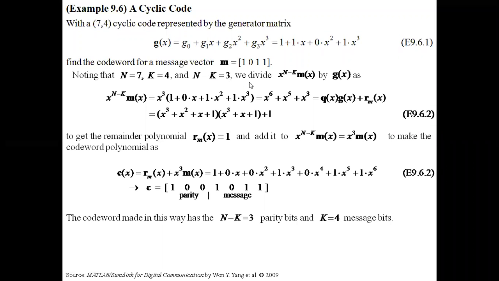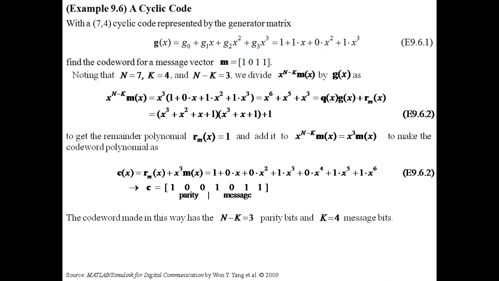So now the divisor is x to the power n minus k m of x and the dividend is g of x. These are two polynomials, and in the polynomial division method one polynomial is divided by another.